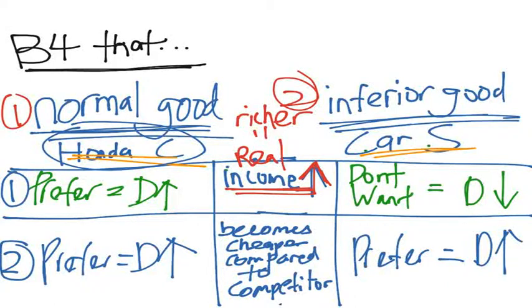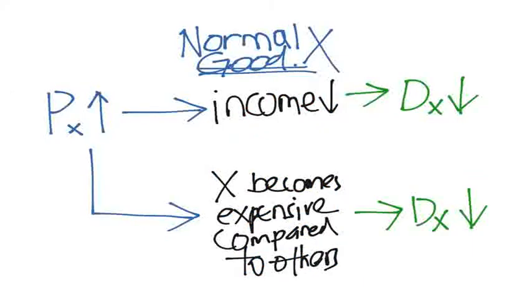So just to summarize, for normal good and inferior good, the first thing you need to understand is the income. If our real income increases, we'll prefer normal goods to inferior goods, meaning we'll buy more of normal goods and less of inferior goods. The second thing is when both goods, normal and inferior, become cheaper compared to competitors, we'll prefer them both. Understand?